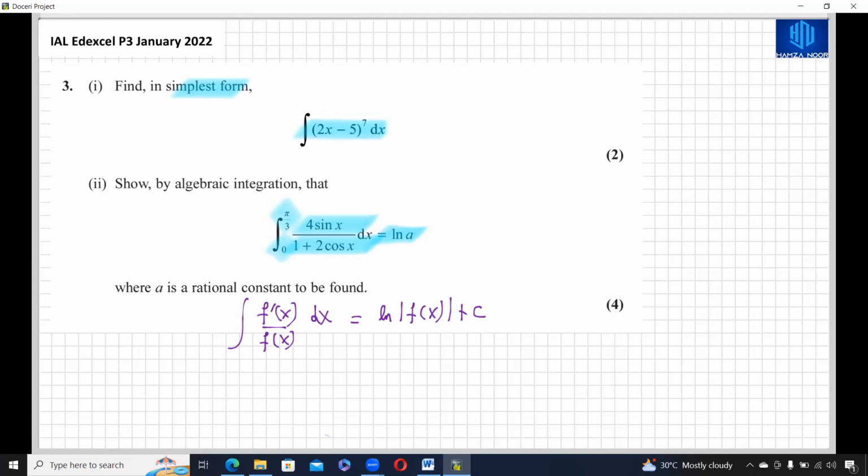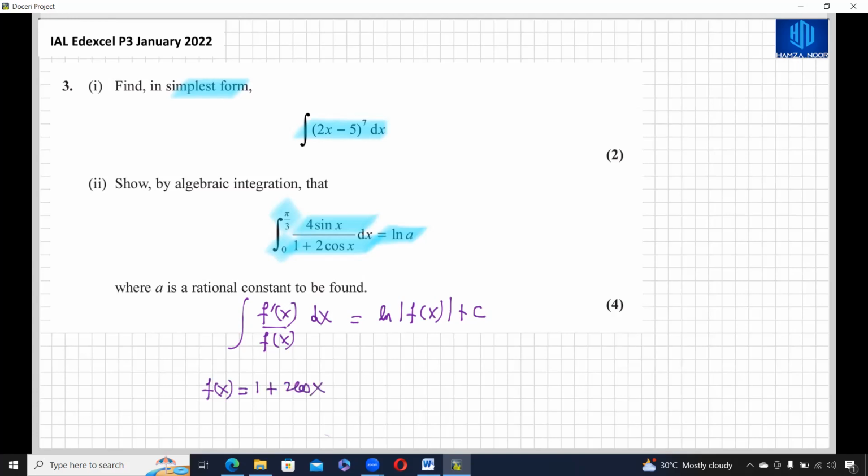All right, so if the integrand is itself existing in this form, f dash x over fx, that's completely perfect. But if it is not exactly in this form, all you need to do is just adjust a constant term by multiplying or dividing. So in this case, we will consider that fx is equal to 1 plus 2 cos x.